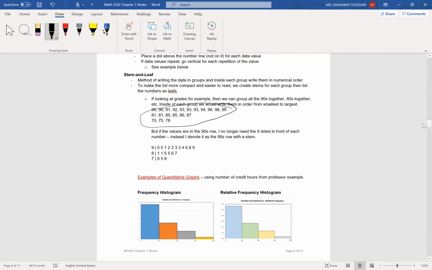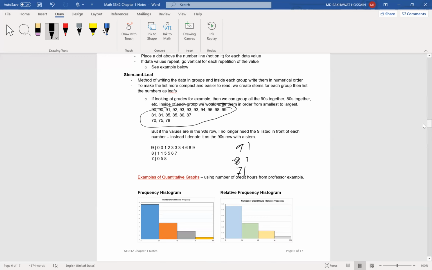So what are the stems here? In the first digit, we have just 7, 8, and 9. So we have 3 stems here: 7, 8, 9. Corresponding to 9, how many leaves do we have?